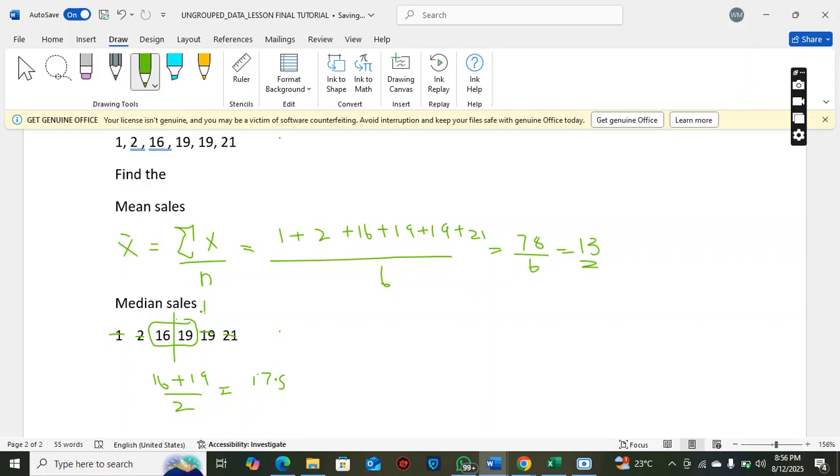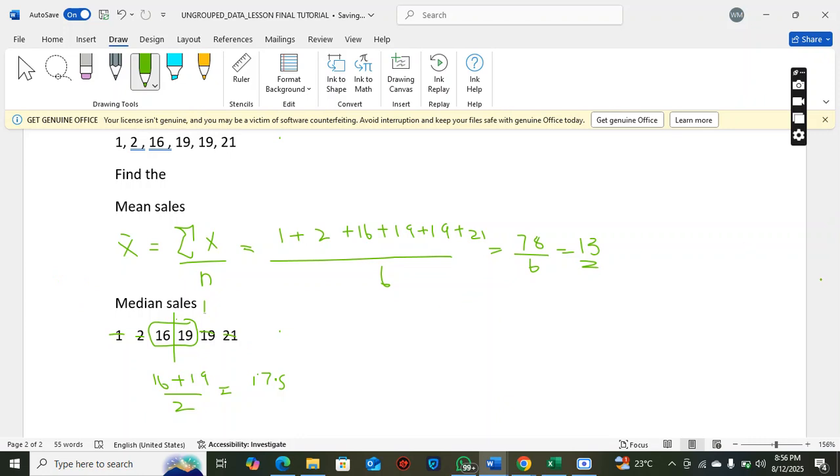Yes, so 50% of the sales are below 17,500. 50% of the sales are above 17,500.